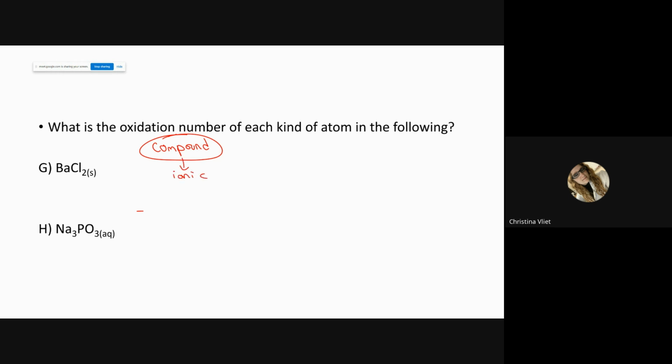What's the ionic charge of barium? 2. And chlorine? Minus 1. And that's it, right? If it's only 2 elements, there's not a lot to solve for. If you can pick up the ionic charge, that is the oxidation number. So that's it for that one. It's not a complicated one.